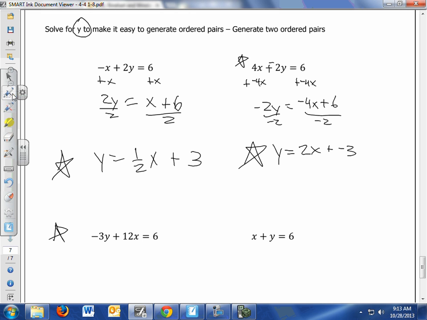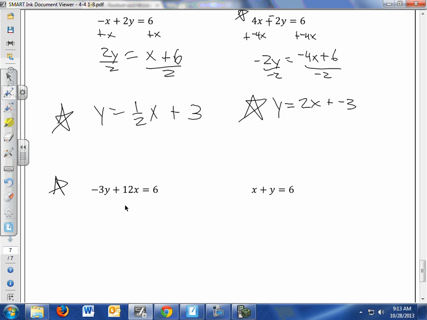Mr. Moeller, first step. Add negative 12x. Beautiful. Mr. Moan, second step. Divide both sides by negative 3. Beautiful. And Mr. Orsic, what's the last step? It's 4x plus negative 2.